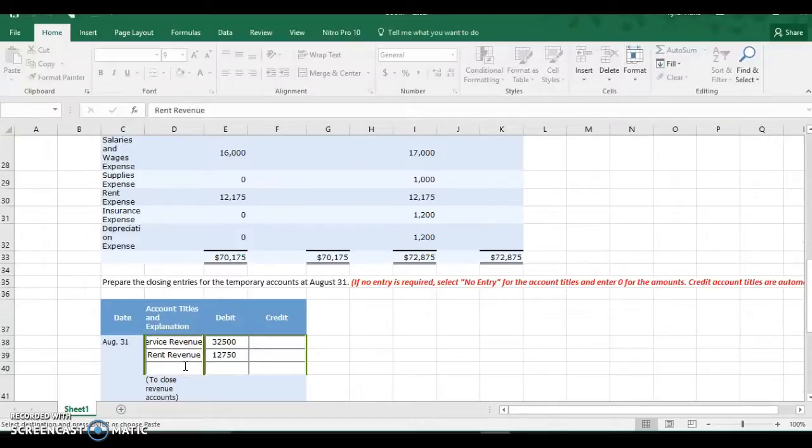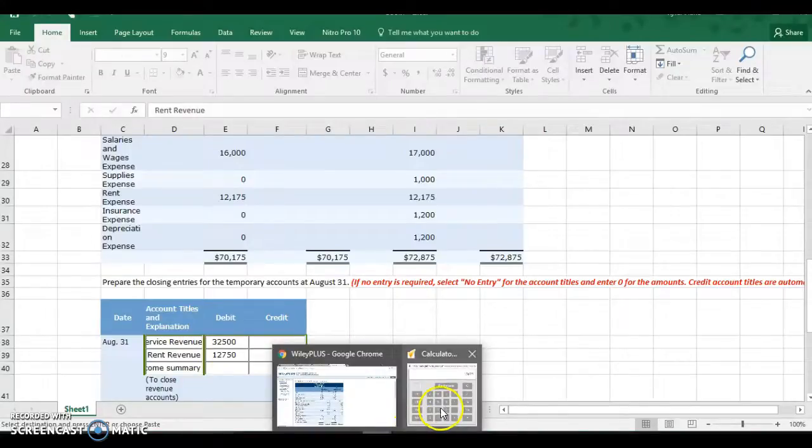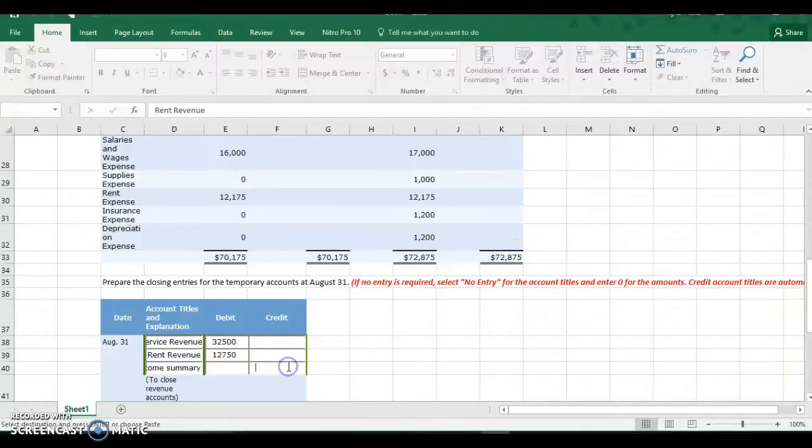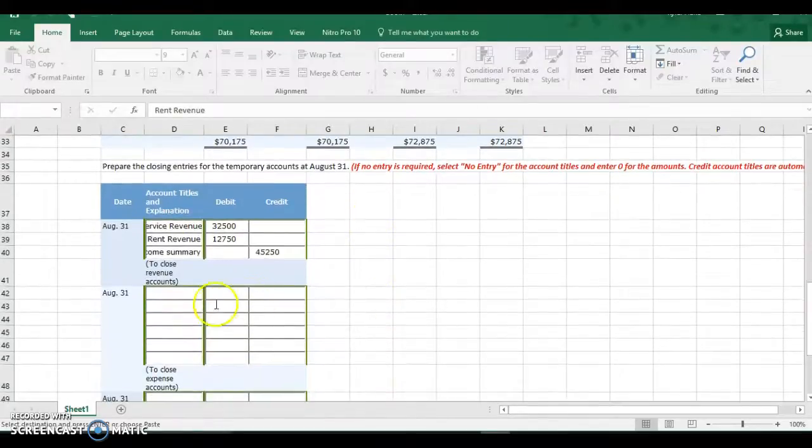And then we are going to credit our income summary the total of these two numbers, to close those out. So I'm going to pull up this little calculator. You add these two together, 32,500 plus 12,750 equals 45,250. So let's put that number in there.